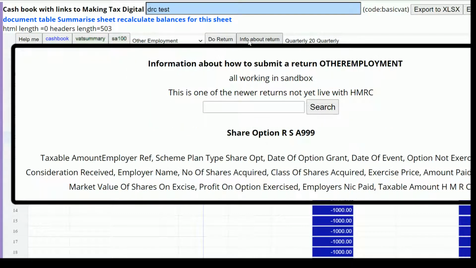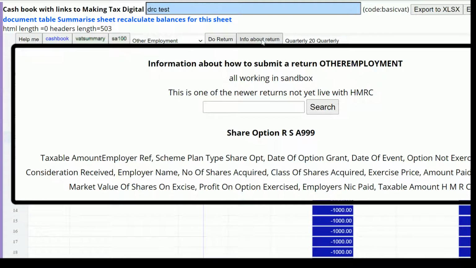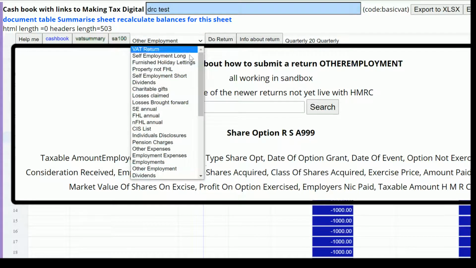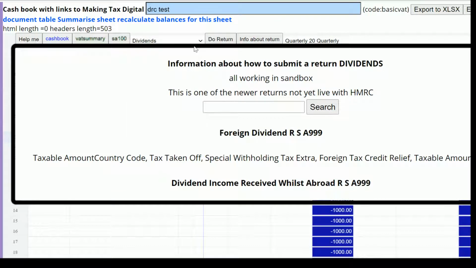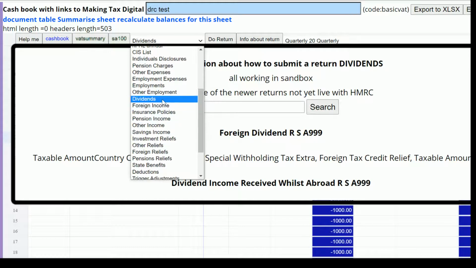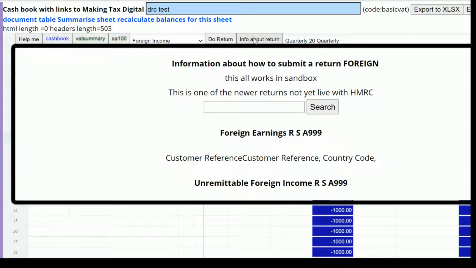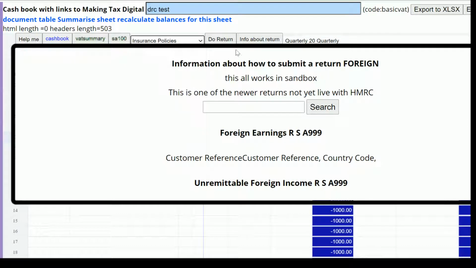Other employment issues, share options, that sort of thing. Foreign dividends, by the country. Foreign income. Insurance policy information.